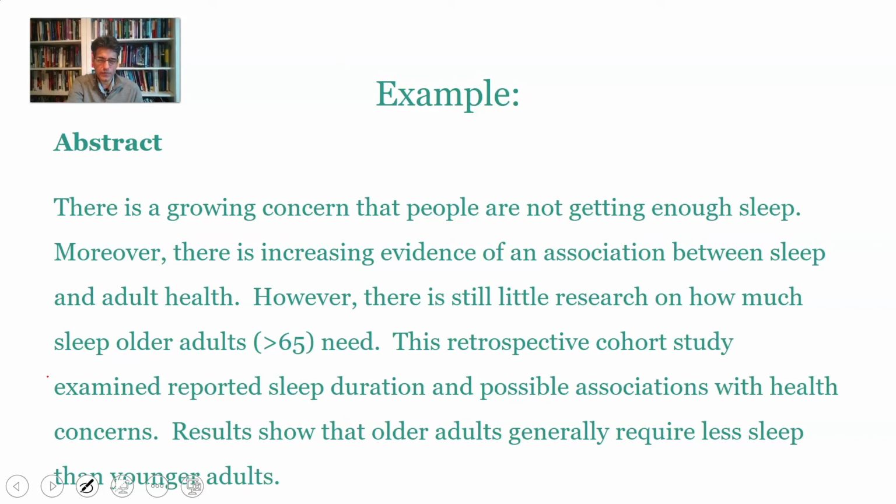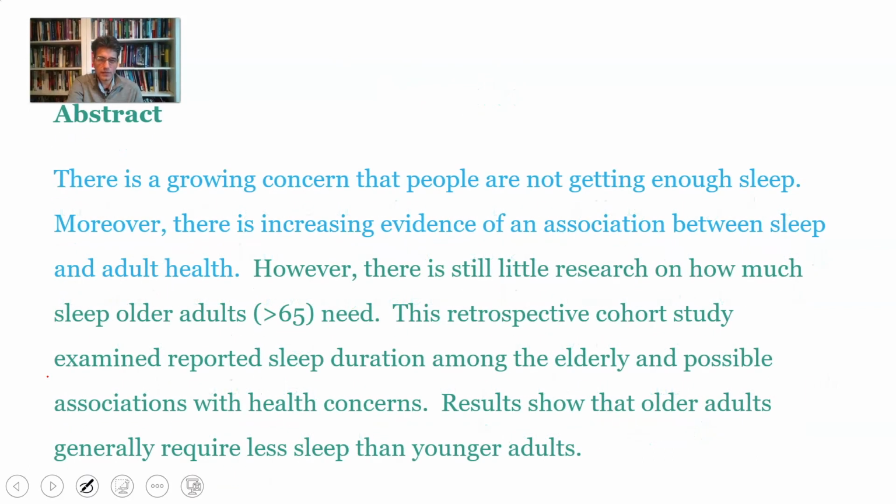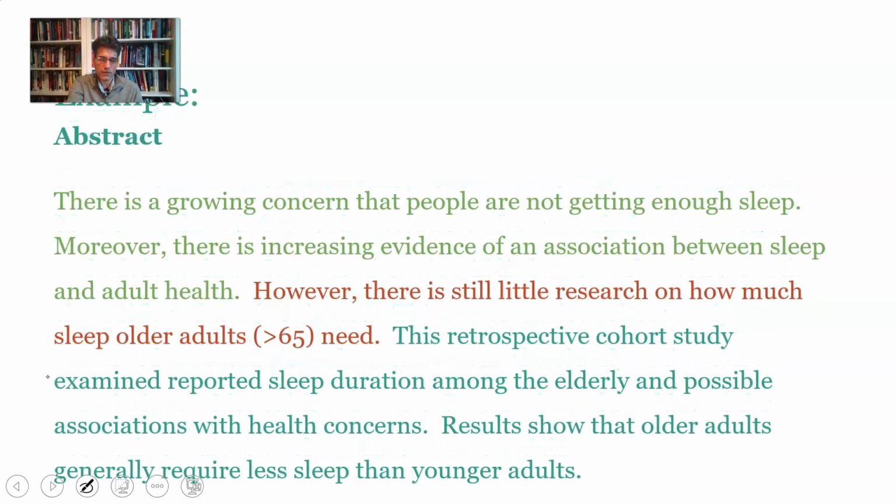Okay, so here you have move one, the territory, and that provides important justification for establishing the importance of the research area, and what conversation you're entering. And then after that, the however signals move two, the gap.